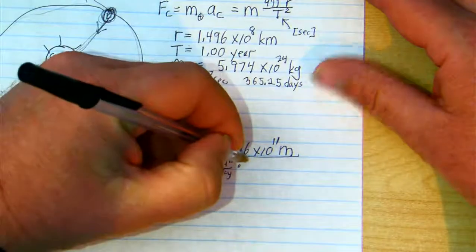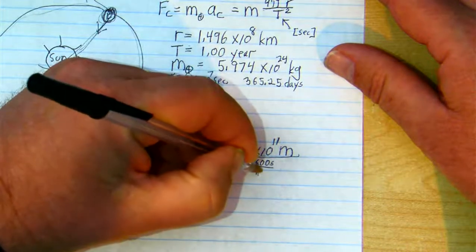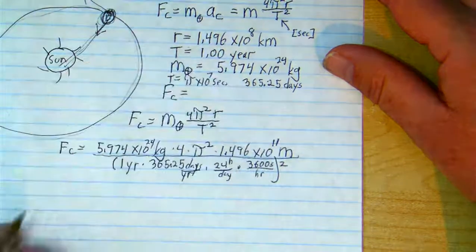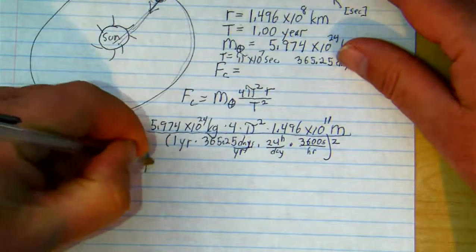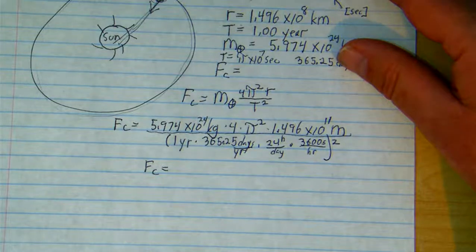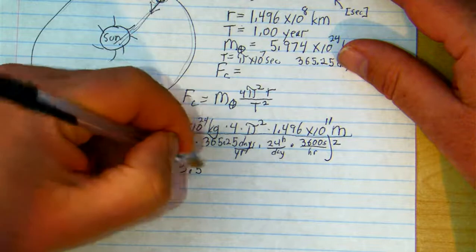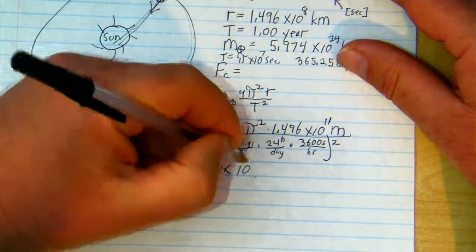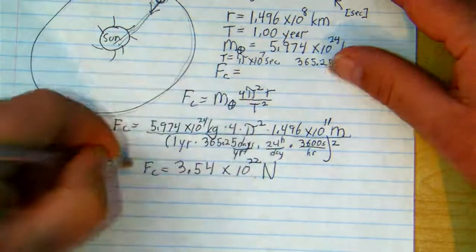Otherwise, recognize that it's 3,600 seconds in an hour, close parentheses, squared. That's what you put into your calculator. So the result I got is 3.54 times 10 to the 22nd power newtons.